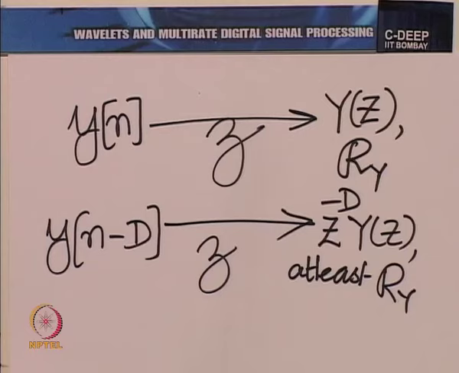The z transform is a linear operator. So, if we take a linear combination of sequences, the same linear combination occurs in the z domain. As far as the regions of convergence go, the regions of convergence are at least the intersection of the regions of convergence of the individual sequences which are linearly combined, if not more.